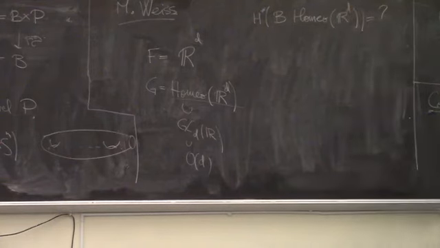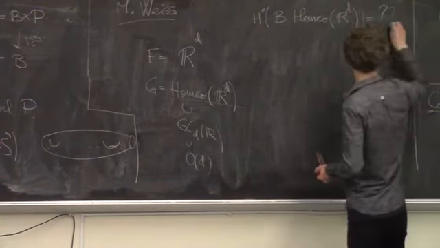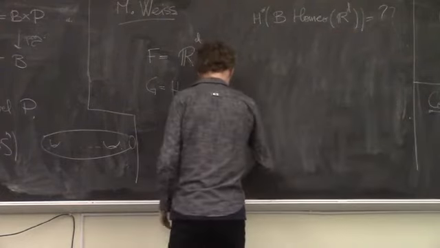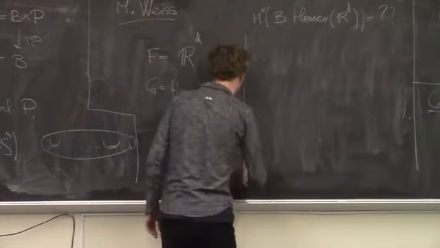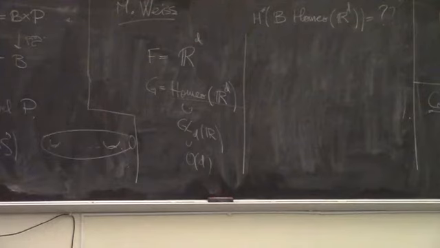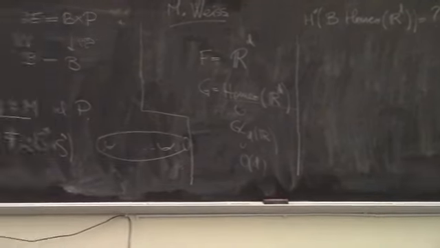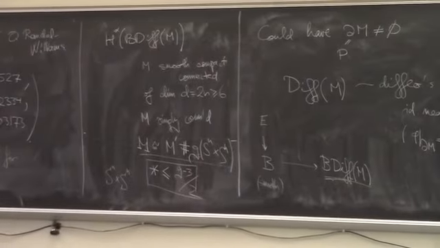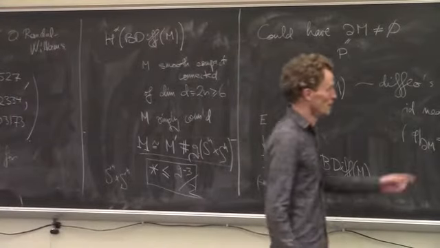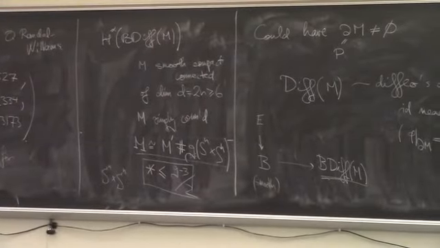This is some graded ring that remains unknown, but still a lot is known. Maybe it's a little bit similar to this case, that we know it in a range that depends on d, but we don't know the full answer.